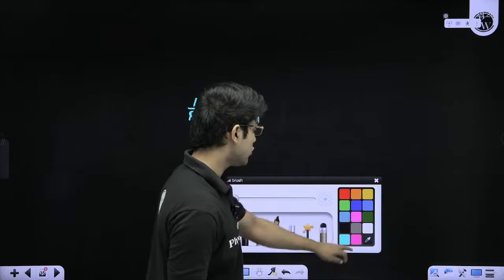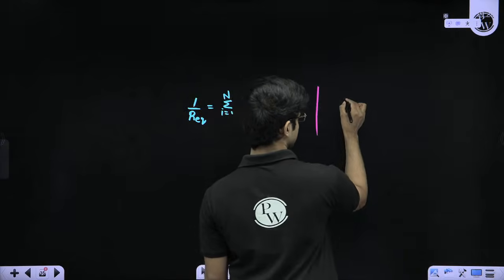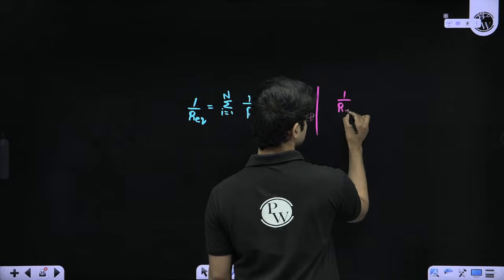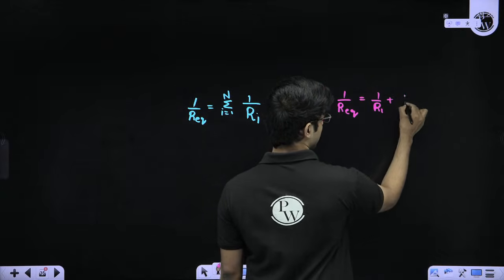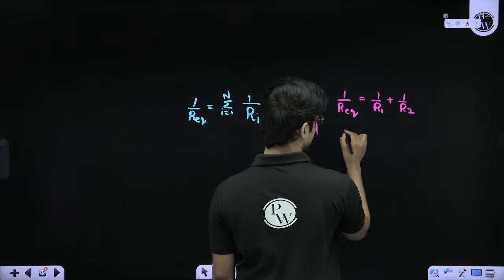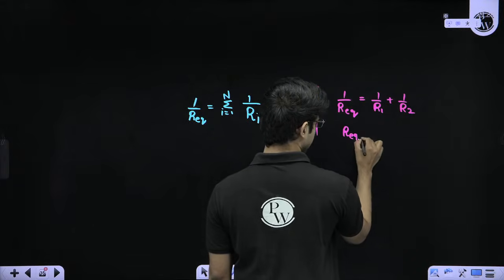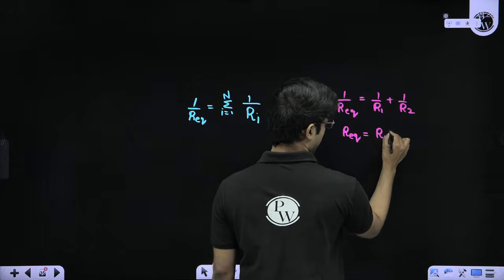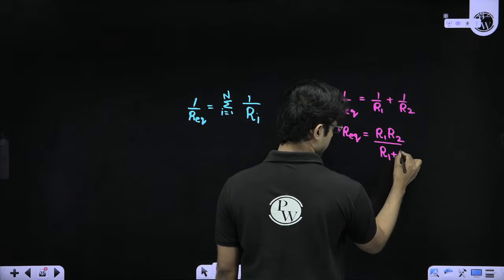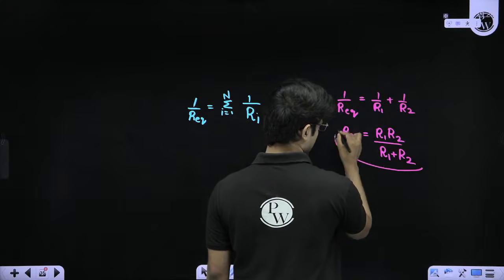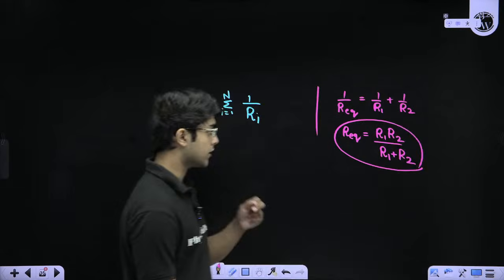Now the formula for two resistors, you should just directly remember it. If you take the LCM, you will get R equivalent as R1 R2 divided by R1 plus R2.